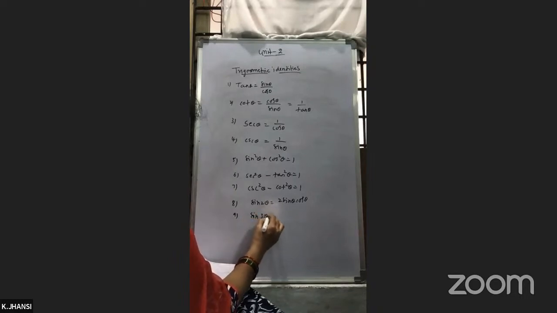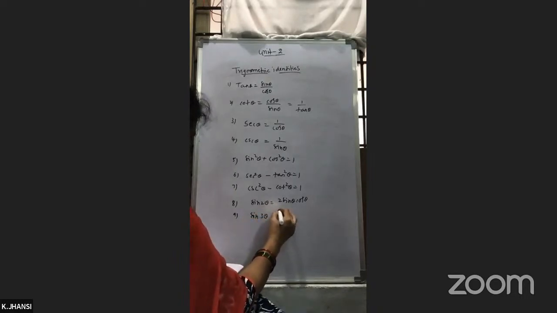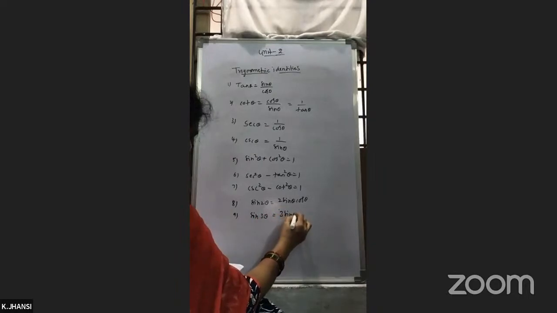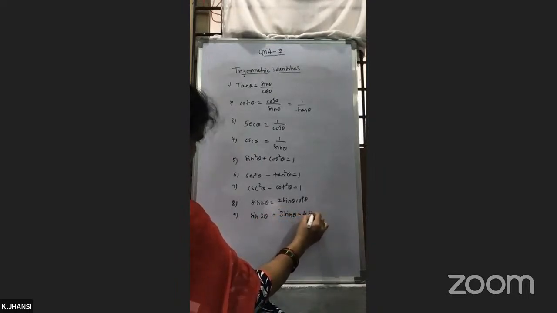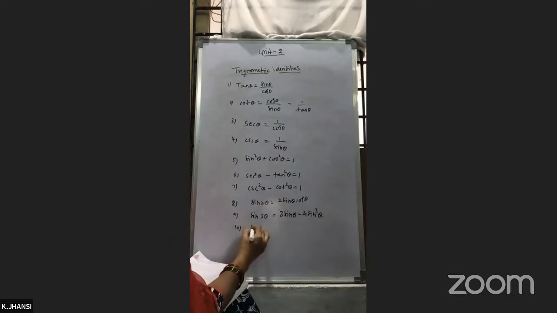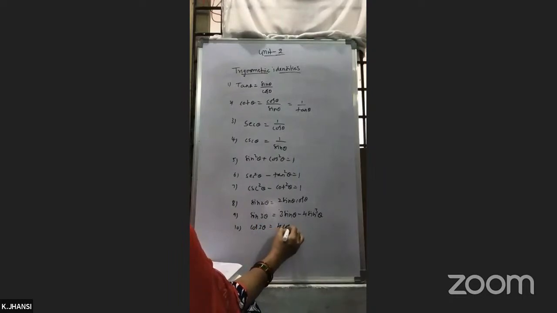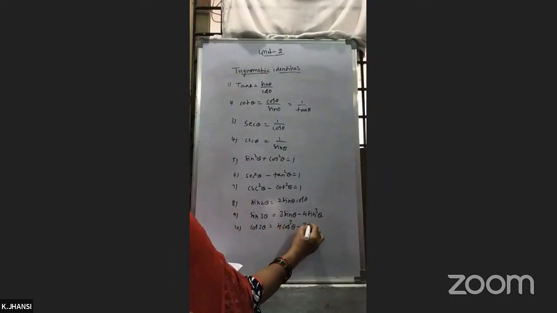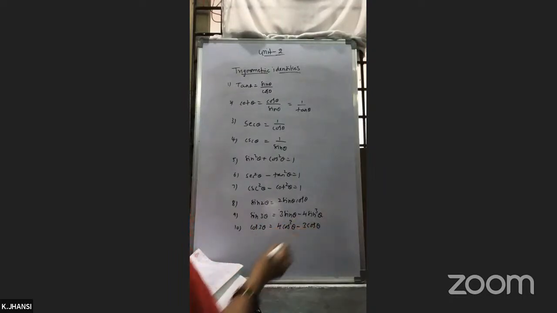Sin 3 theta is equal to 3 sin theta minus 4 sin cube theta. 10th one, cos 3 theta equals 4 cos cube theta minus 3 cos theta.